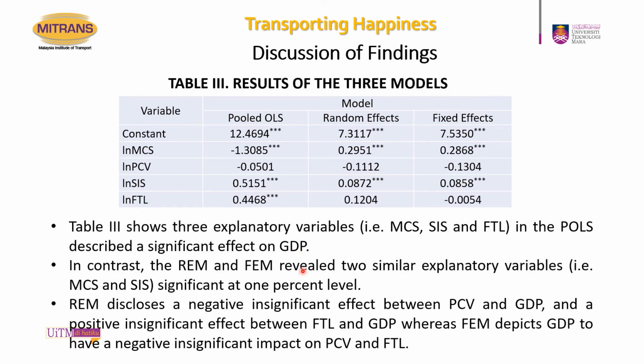In terms of the discussion of the results of the three models, we can see that pooled OLS shows three variables, that is MCS, SIS, and FTL, have a significant effect on GDP, whereas if we look at the random and fixed effect models, they reveal two similar explanatory variables, MCS and SIS, significant at the 1% level, that have an effect on GDP.